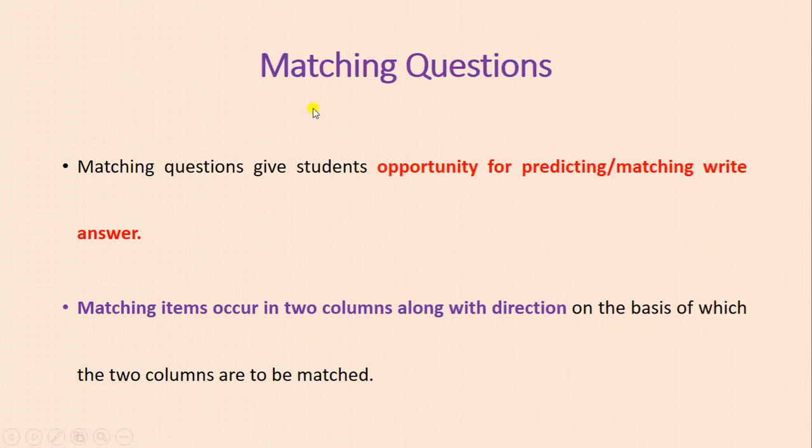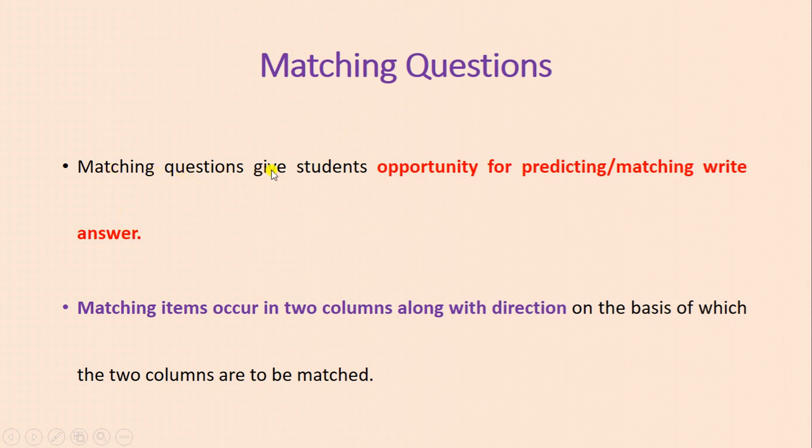So now we are discussing the second type of simple form objective type test items, and that is matching questions. Dear students, before this we discussed short answer, and now we are discussing matching type questions.